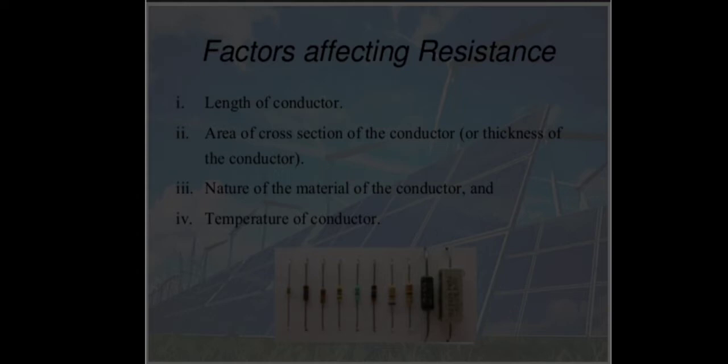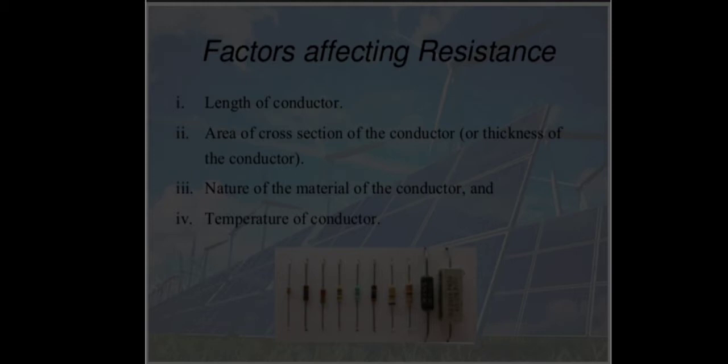I hope everyone understood. The second factor is the area of cross section of the conductor, or we can say thickness of the conductor. When length and materials of the conductor are the same, then the resistance of the conductor is inversely proportional to the area of the cross section of the conductor.